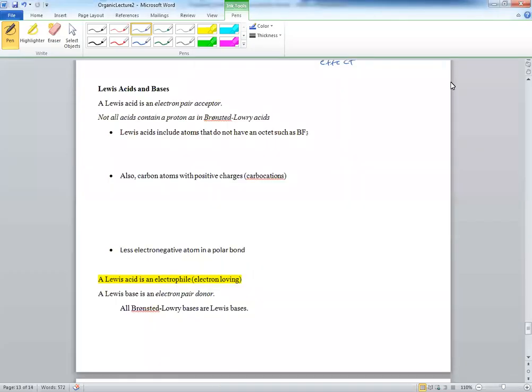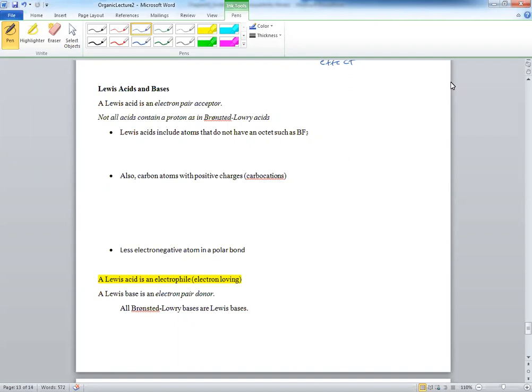So the last class of acids and bases, and this one is the broadest and perhaps the most important one, because when we look at organic chemical reactions, we will always think of them as Lewis acids and bases, or what we will soon call them electrophiles and nucleophiles.